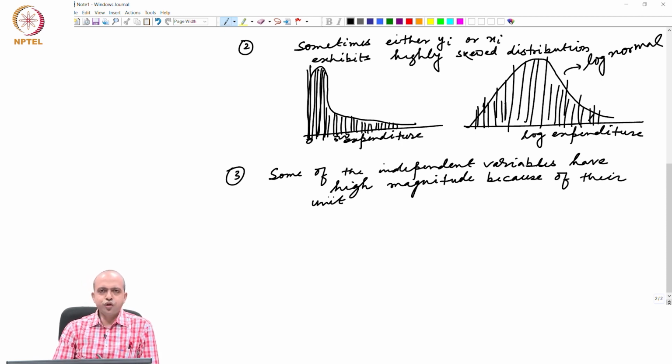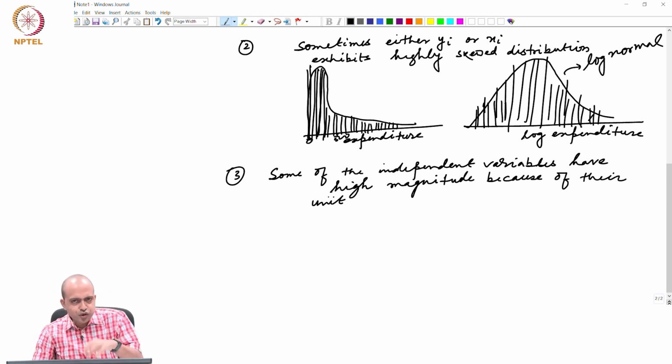For example, you are measuring x1 as monthly income or yearly income in rupees, and you have another variable, let us say family size. So, x1 will give you a value like 1 lakh, where the family size is only 5. So, because of their unit, some variables show high magnitude and some very low magnitude.